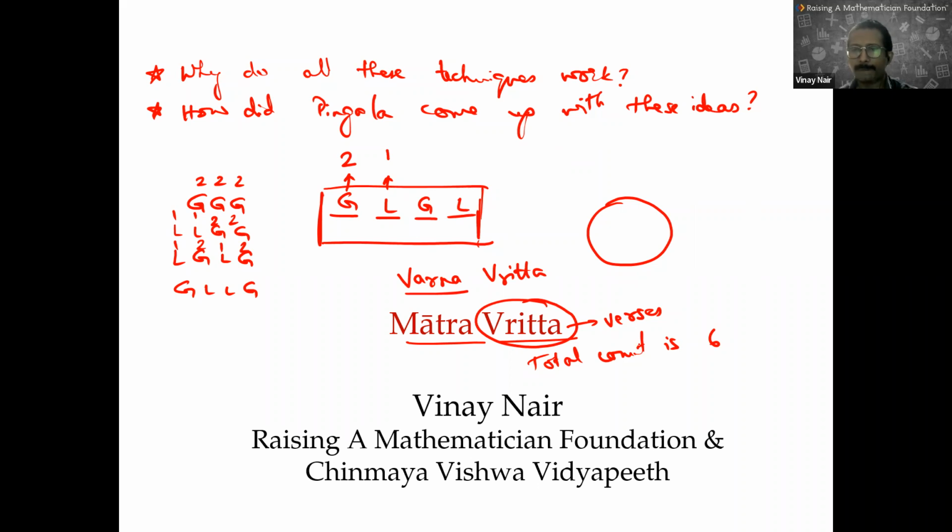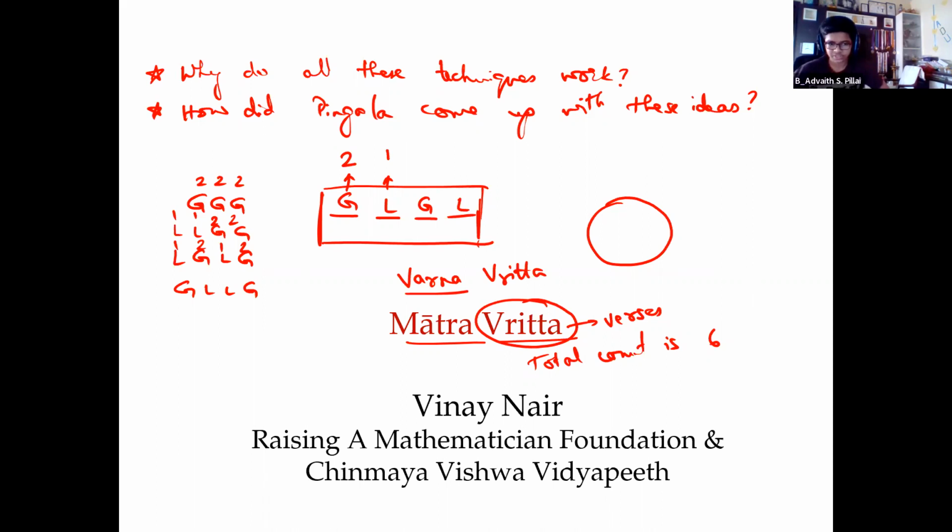Advait? Yes, sir. So we are just taking the sum of the values which are assigned to G and L respectively. Okay, so how would you state the mathematical problem?